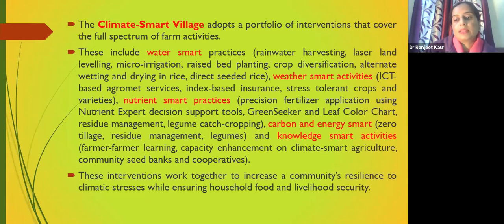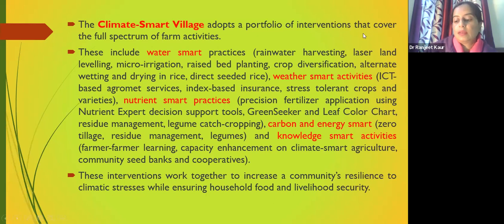Then carbon and energy smart: zero tillage, residue management, legumes. And knowledge smart activities: climate community seed bank, cooperatives. These interventions are working together to increase a community's resilience to climate stress while ensuring household food and livelihood security.